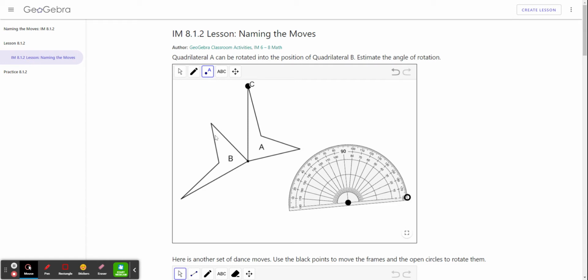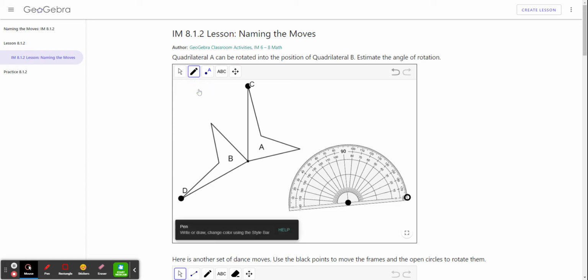Well, when I look at figure B, I notice that the long pointy part ended up down here. So the corresponding point from our original point C is going to be here at this point labeled D. When I took this figure and I rotated it, this point C landed where point D is.